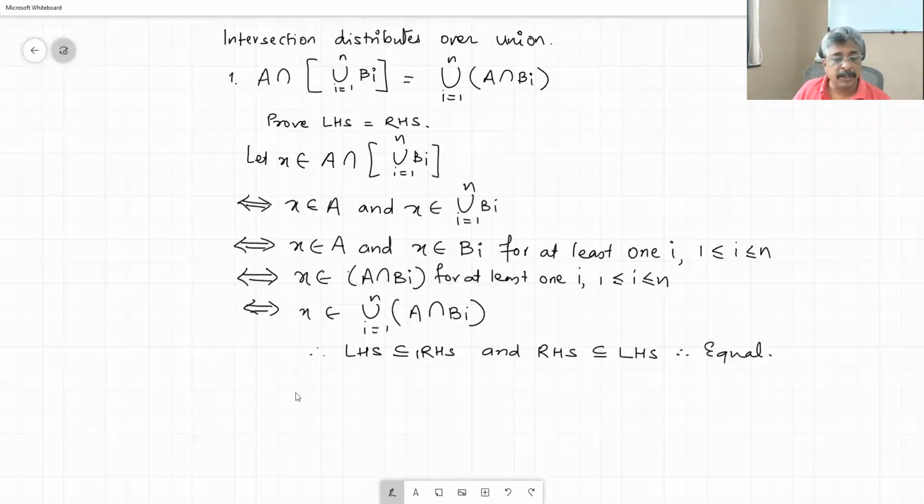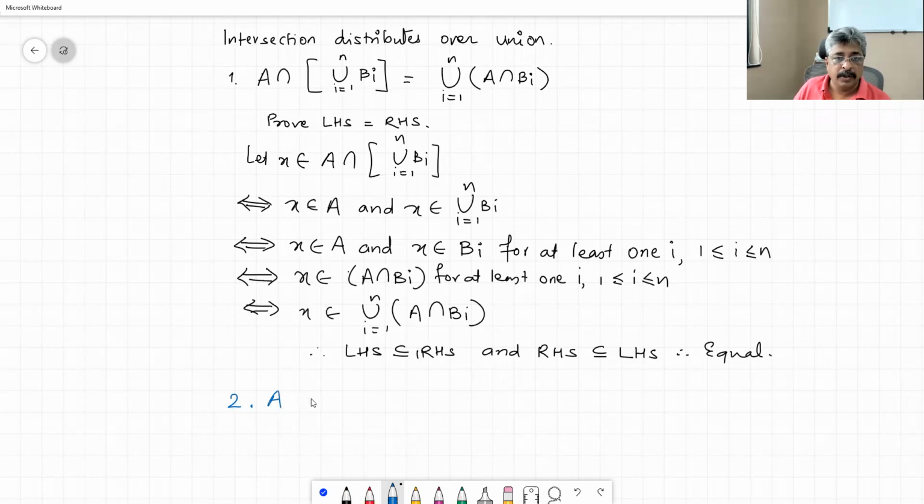Next, second thing is A union intersection i goes from 1 to n B_i is equal to intersection i goes from 1 to n A union B_i.